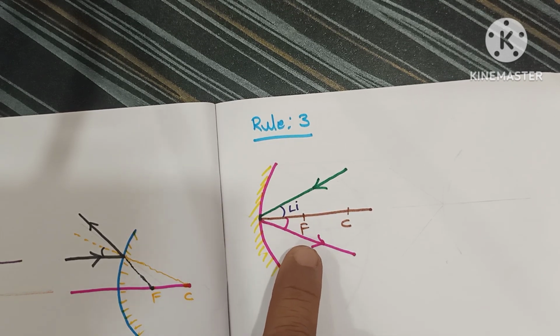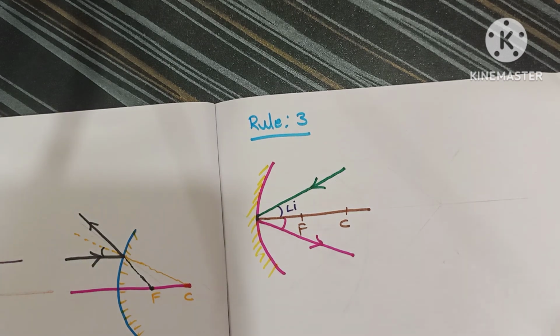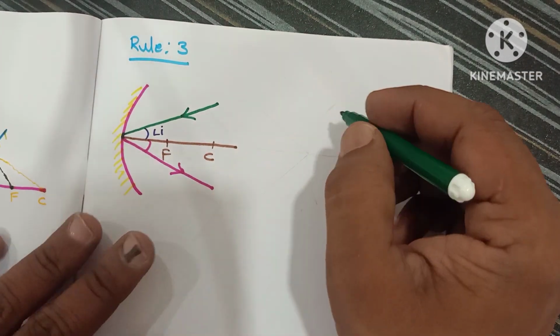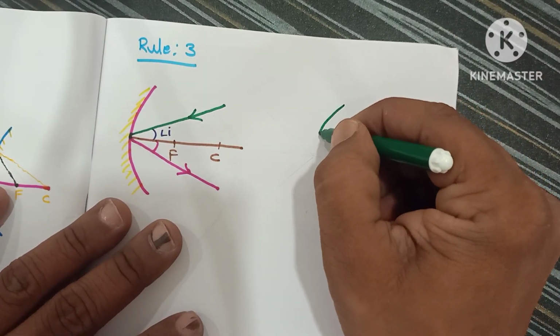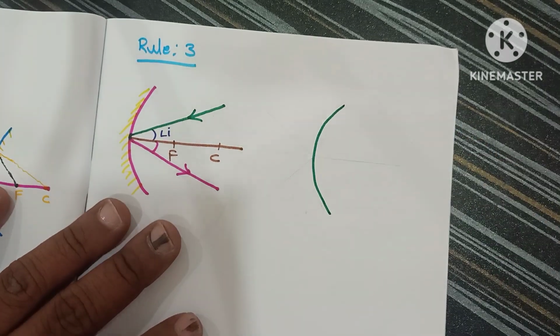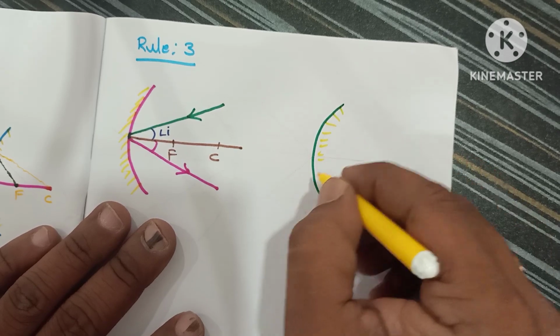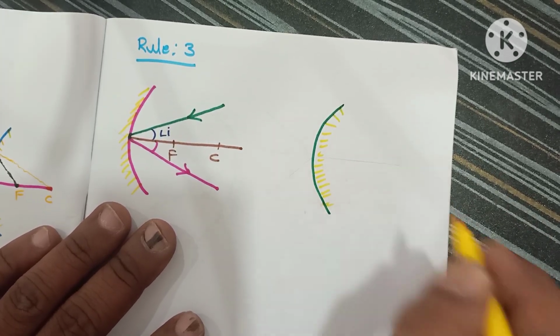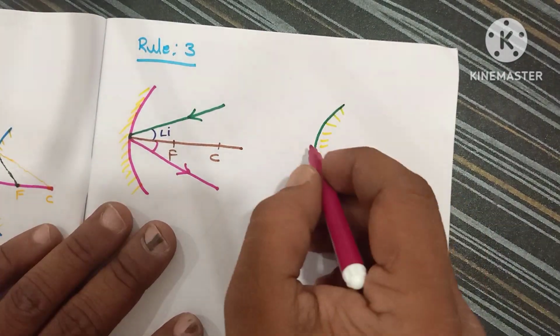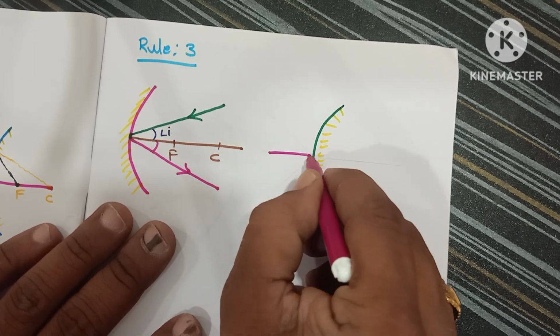This is rule number 3, and we can draw this same rule in a convex mirror. Now this is a convex mirror where it is coated inside, and this is the principal axis.